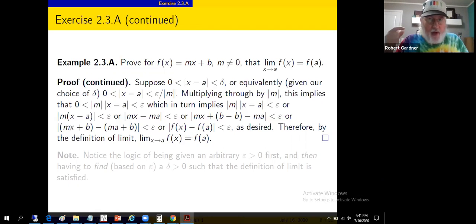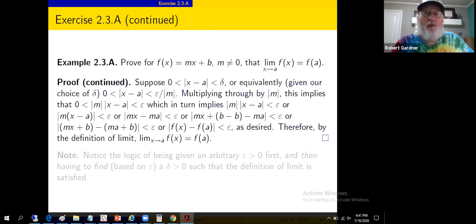Step 0, function defined in an open interval about a, except possibly at a itself. Check. Step 1, let epsilon be greater than 0. Step 2, even though I started at 0, step 2, choose delta. Never mind where it came from, but we chose a delta.